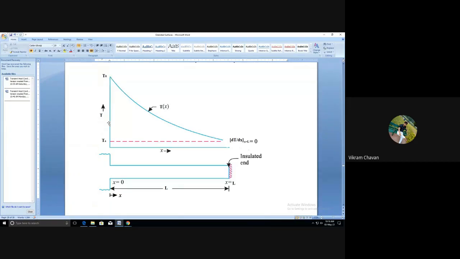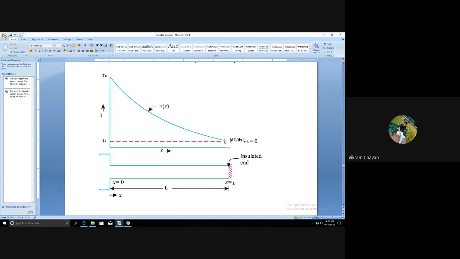And if you consider the ambient temperature is T A, which is less than the fin temperature, and draw the curve for the temperature distribution over the entire fin, we come to know that as we move ahead on the surface of the fin, the temperature of the fin goes on decreasing. But the end of the fin is insulated, so the temperature of the end of the fin will not be equal to the ambient air temperature.